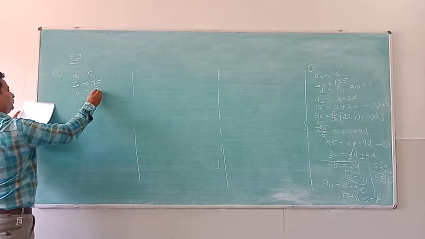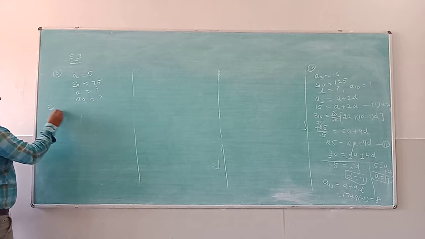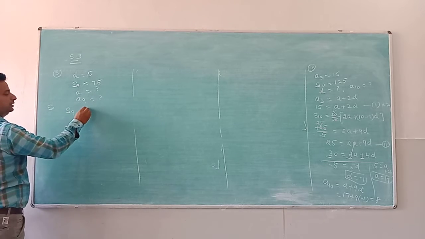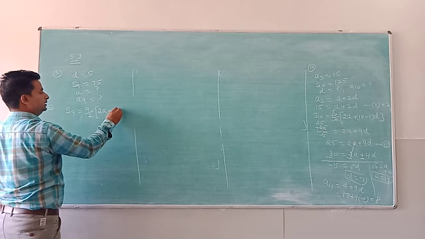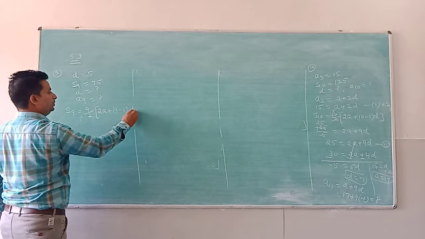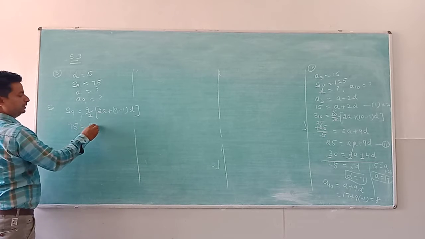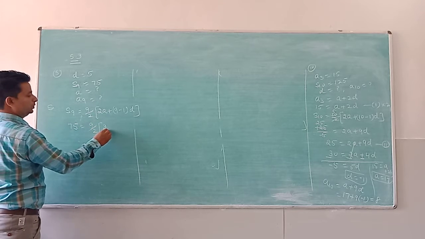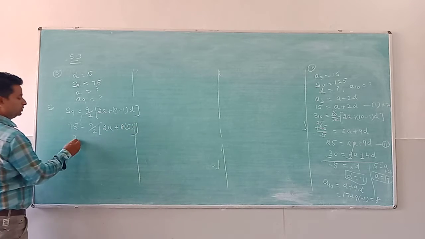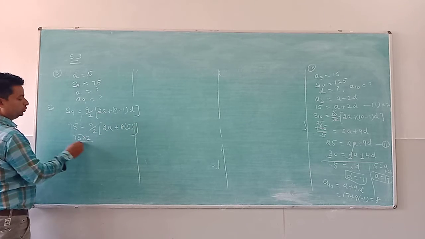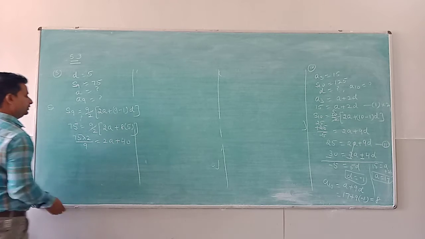We are required to find a and a9. So in this S9 is 9 upon 2, 2a plus (9 minus 1) into d. So S9 is 75, 9 upon 2, 2a plus 8, d is 5. So this is 75 into 2 by 9, 2a plus 40.